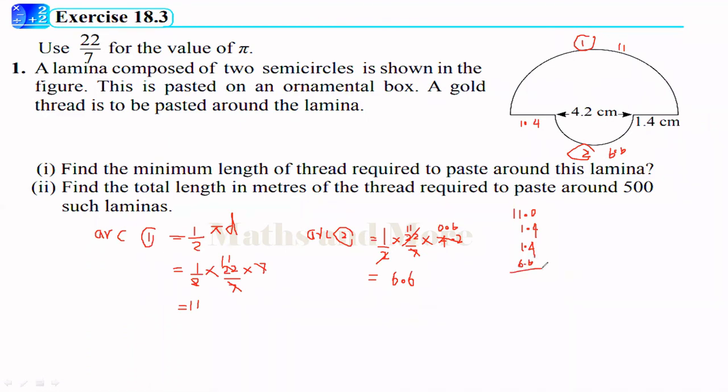Add and tell me the answer. 6 plus 4, 10. 10 and 4, 14. 1 remains. 1 and 1, 2, 3, 4, 4 and 6, 10. 1 remains. 1 and 1, 2. 20.4. Is that correct?